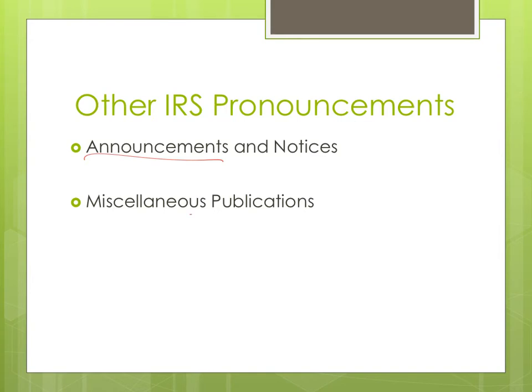All right. Miscellaneous publications. You've probably run across those already. There are publications regarding moving expenses. There are publications regarding charitable contributions, all kinds of miscellaneous pubs. Okay. They can be very, very useful, but you cannot cite them. Okay.